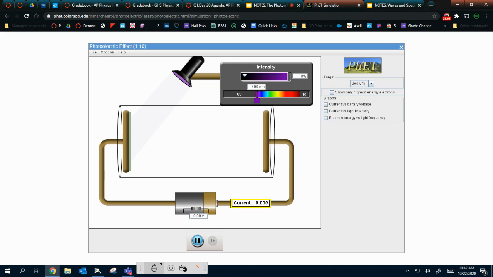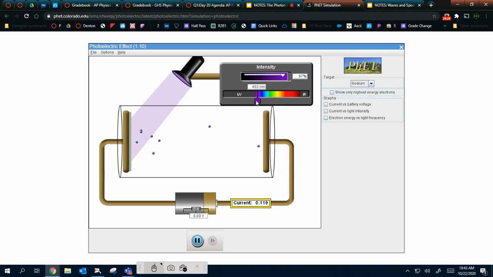So here you can see this is essentially a normal circuit, and I can increase the intensity here. And so notice that I get a little bit, you know, if I just crank the intensity all the way up. But if I tune it to the right frequency, I can get different current. So like here, I'm getting absolutely no current.